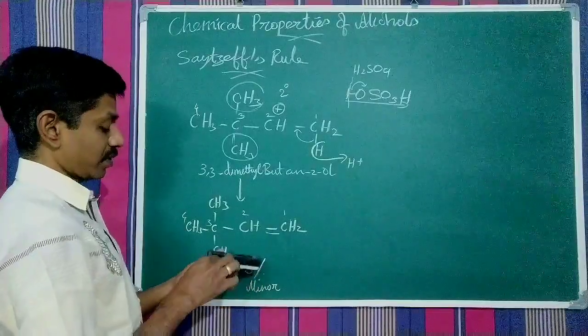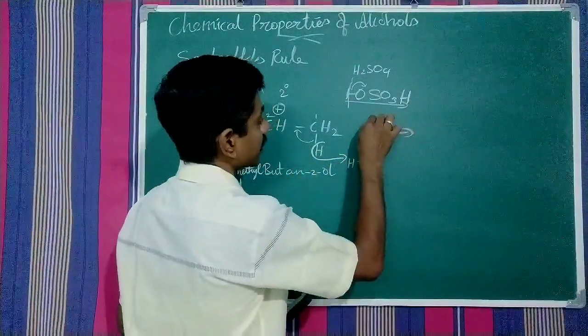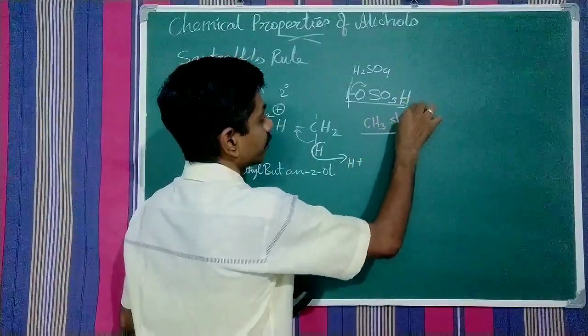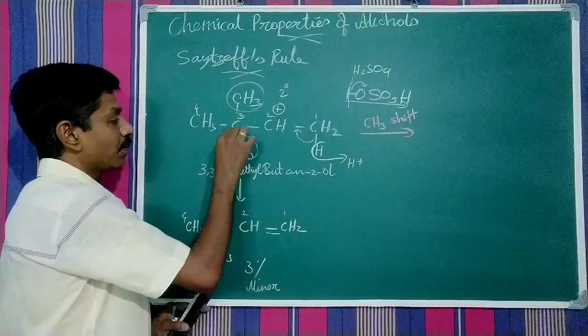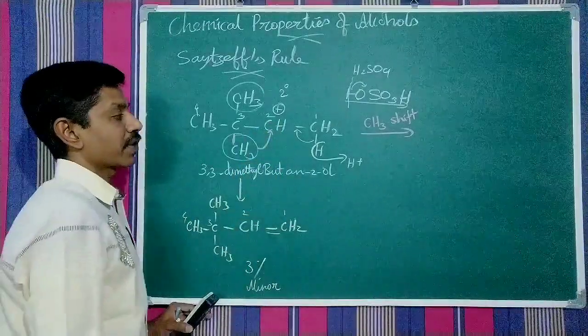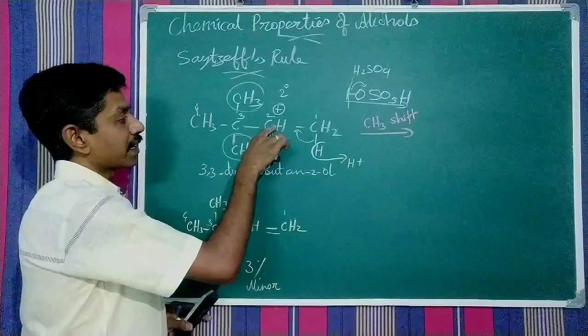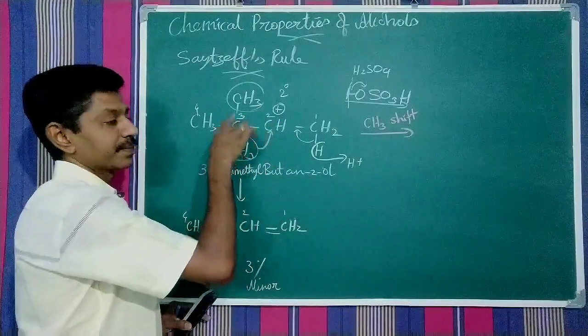Then what is the other possibility? Let us go for shifting. They call it a methyl shift. What is going to happen? The CH3 group with its bond travels to this secondary carbocation and gets attached. Because of that, the positive charge will get shifted over this carbon.